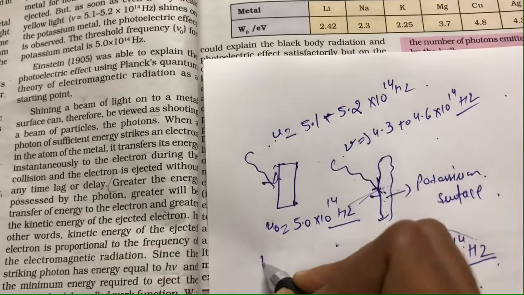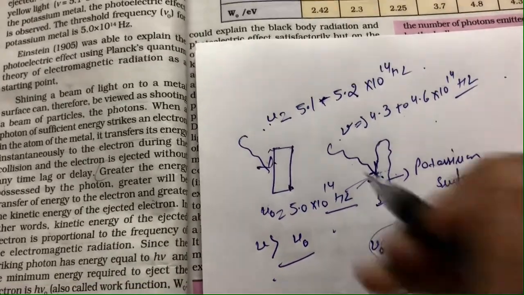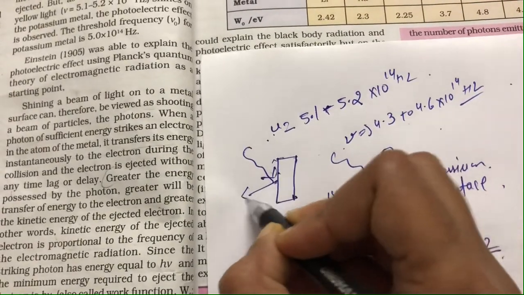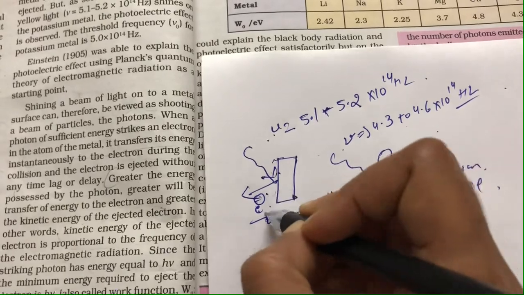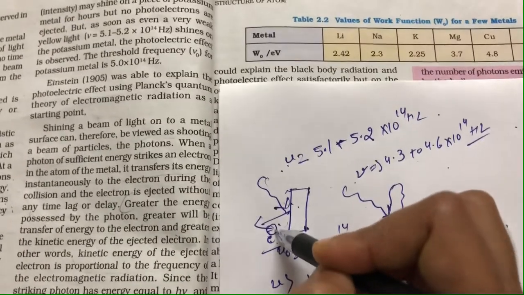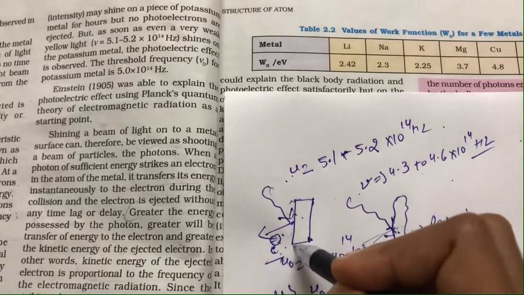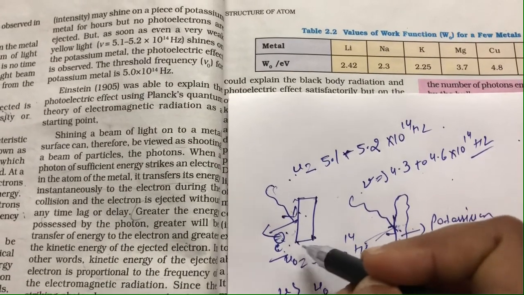Here you can see that the value of nu is greater than nu naught, that is the required condition, and we can expect there will be the ejection of an electron, and this electron is ejected under the effect of the light radiation. That's why it is known as a photoelectron. Clear? So you can see the photoelectric effect here.